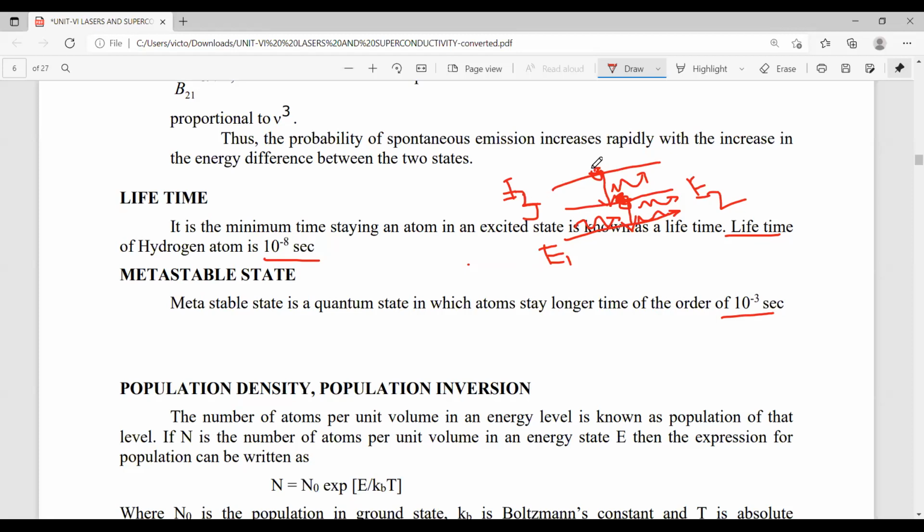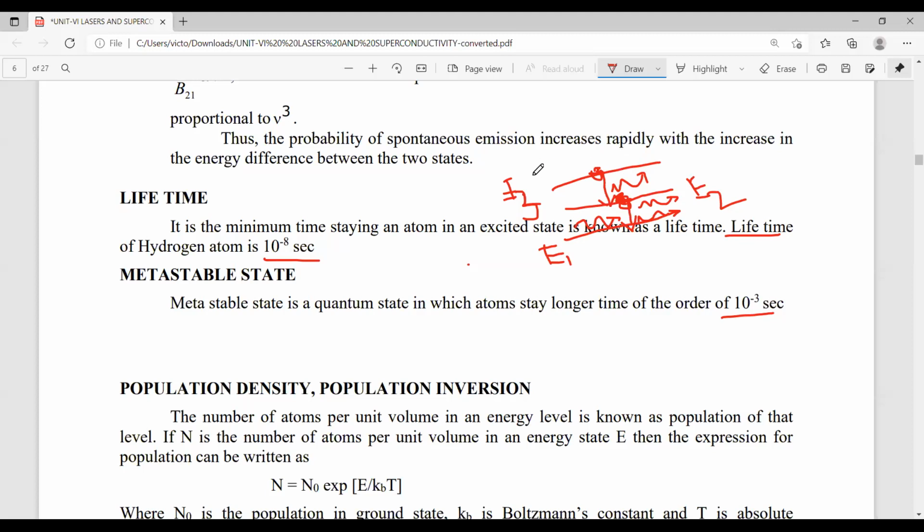So that's why the atom present at E3 jumps to the E2 energy level without absorbing any energy. That means it jumps spontaneously, by itself, without taking any extra energy.